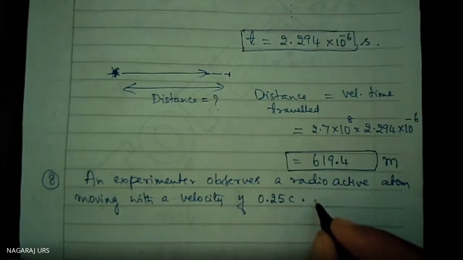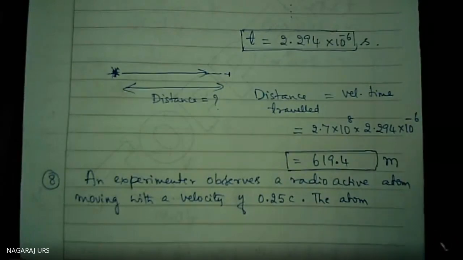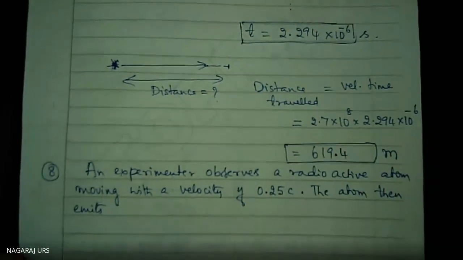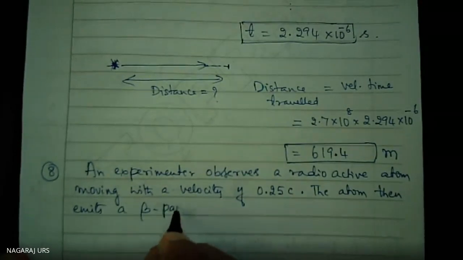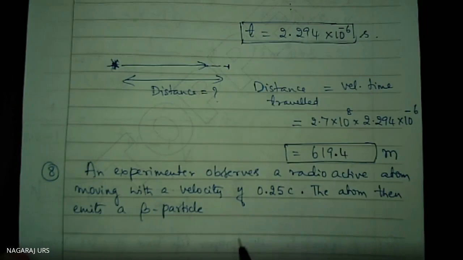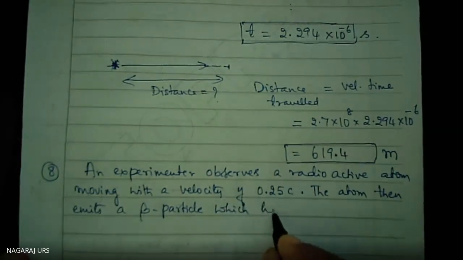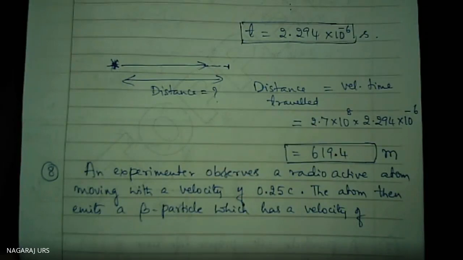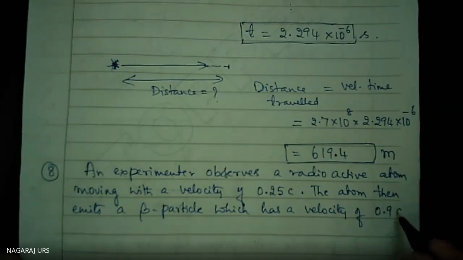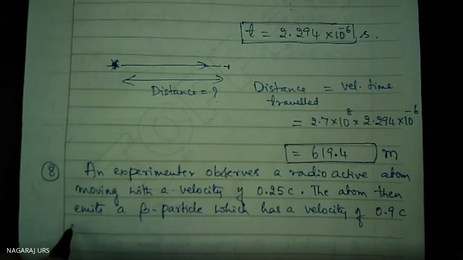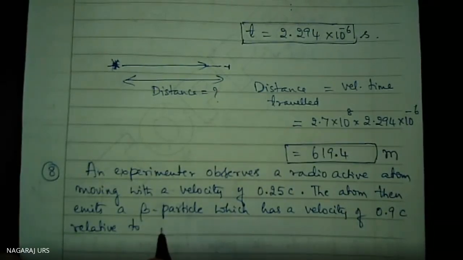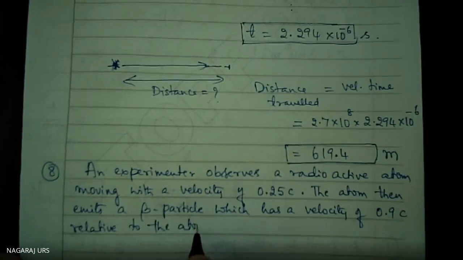The atom then emits a beta particle which has a velocity of 0.9 c relative to the atom in the direction of its motion.